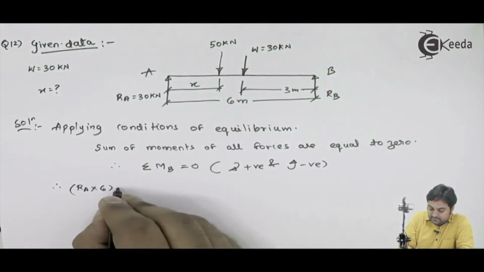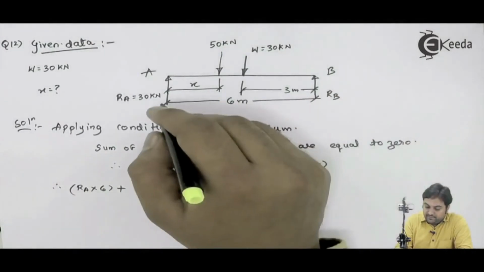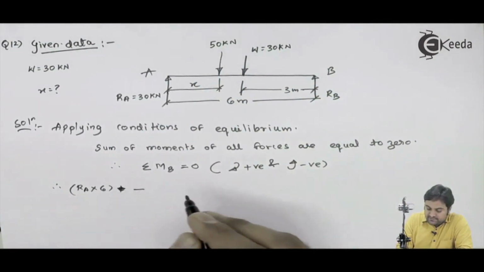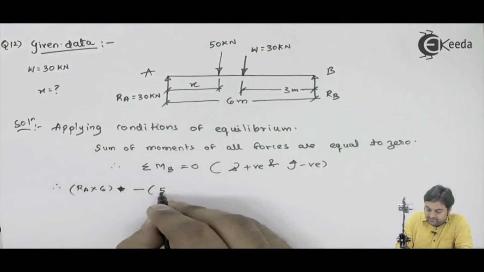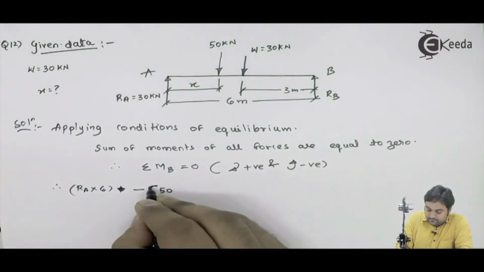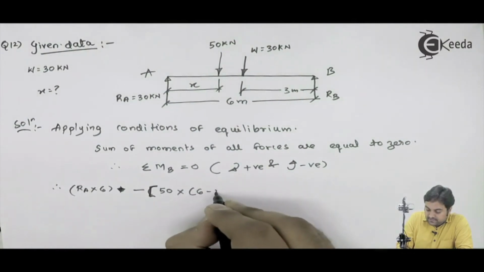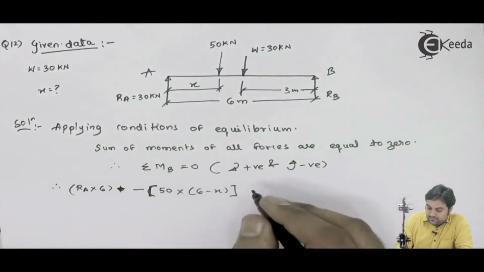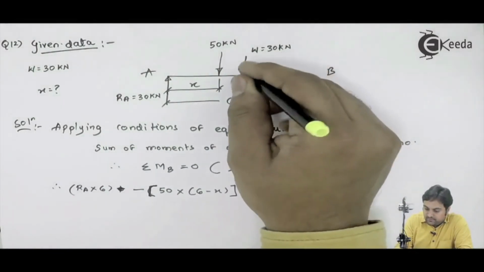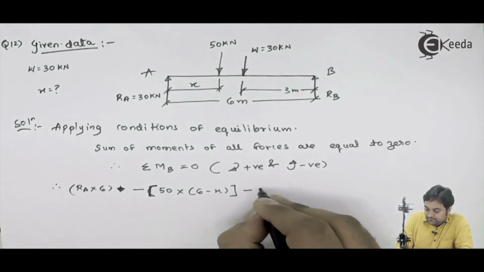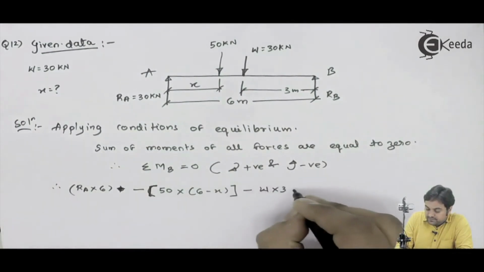It will be producing anti-clockwise moment, so it would be negative, minus 50 into 6 minus x. Then again this W would be producing anti-clockwise moment. So minus W into 3, that's equal to 0.